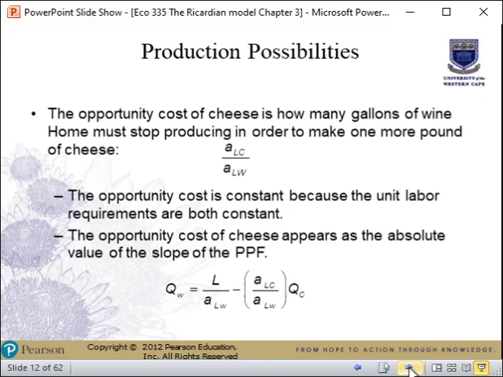Thus, a constant unit labor requirement is required to produce a pound of cheese, of which this unit labor requirement could have been used to produce a gallon of wine. This opportunity cost is the same as the absolute value of the slope of the production possibility curve.